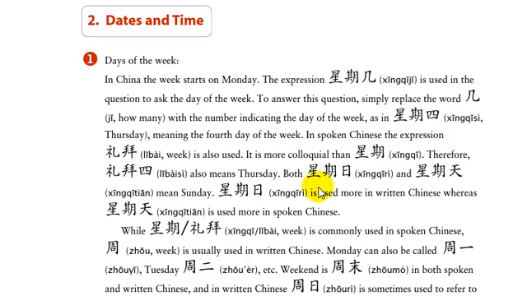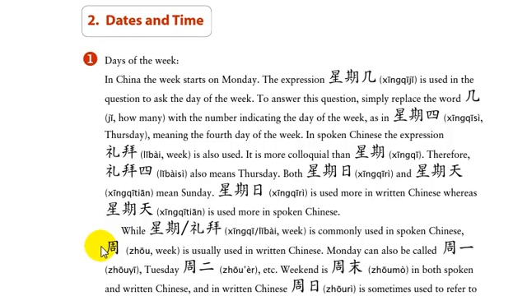There are two words for Sunday. 星期日 and 星期天 both mean Sunday, and they are used interchangeably. Here they're pointing out that 星期日 is used more in written Chinese, whereas 星期天 is used more in spoken Chinese. And 星期 and 礼拜 are common in spoken Chinese.